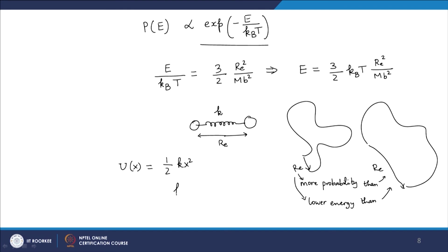We can see from here that my k is equal to 3 k_B T by m b square, which becomes my spring constant.